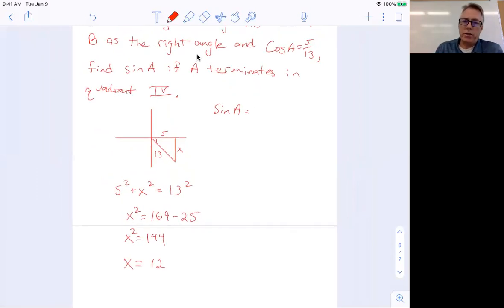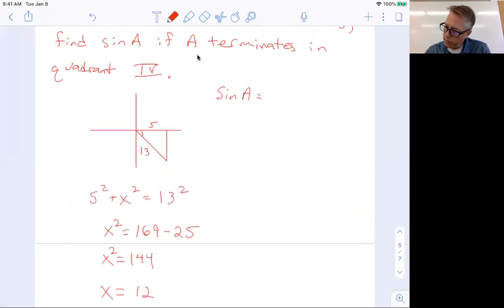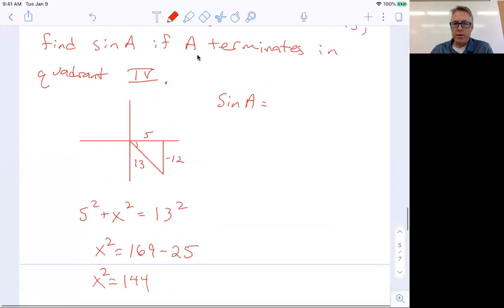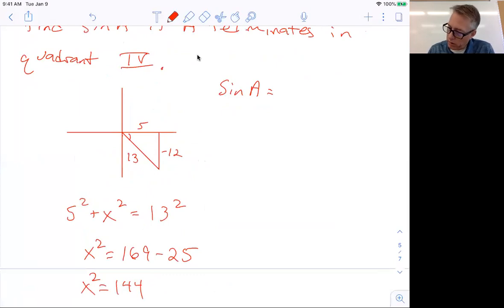All right, any questions yet? Because there's a little bit of a spin in just a second. Any questions yet? All right, well, we know then x is 12, but remember it's in the fourth quadrant. So in the fourth quadrant, because that's our y value, it has to be negative.